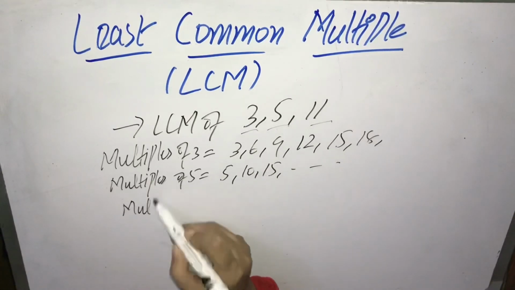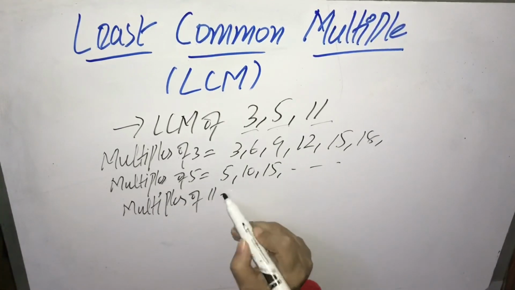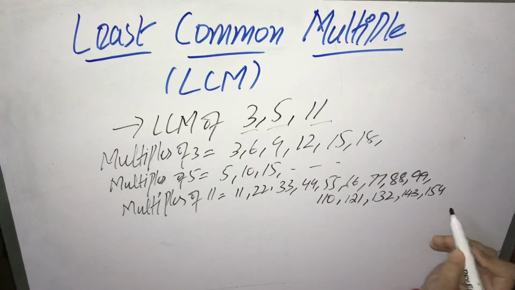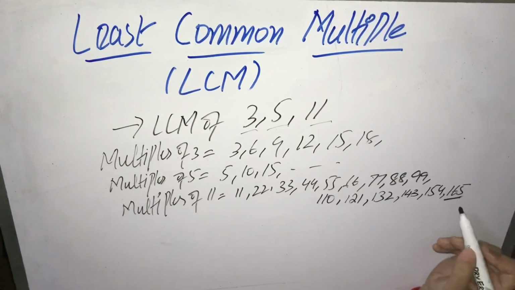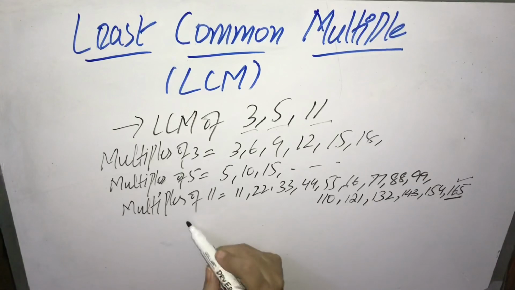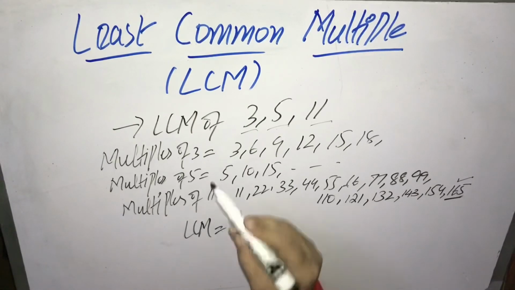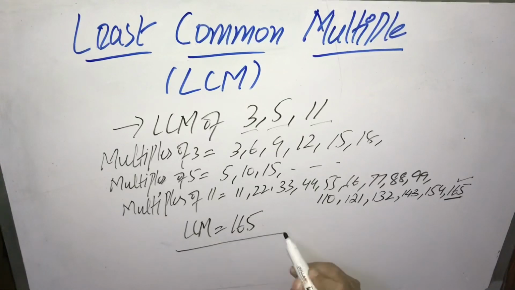When we go for the multiples of 11, 154, and the number which I told you is 165, which is also in the table of 3 and in the table of 5. So LCM of prime numbers is the product of the numbers.